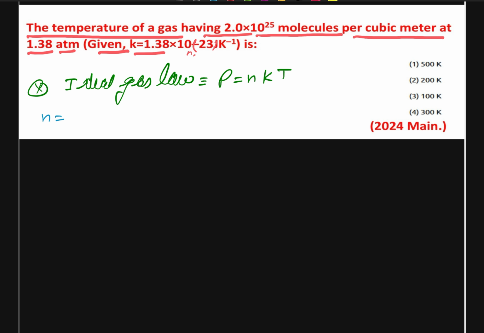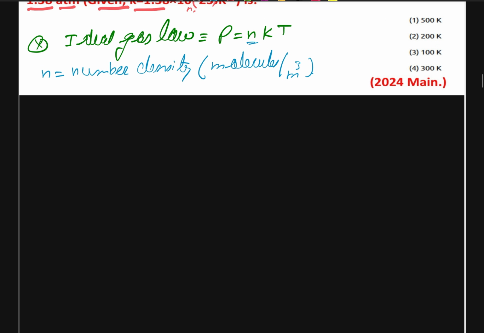In this particular formula, n is our number density, which basically means molecules per meter cube. We have to take care that it is not the number of moles.